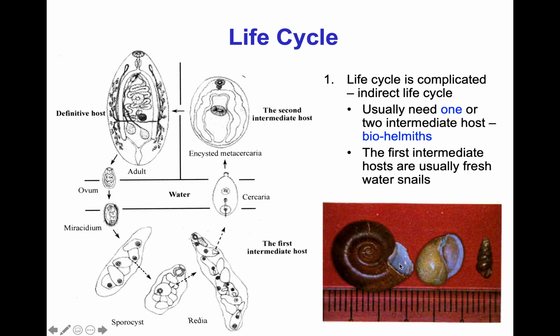Only when the second intermediate host is eaten by a human being can the parasite get inside the human or other definitive host, and then they can finally develop into the adult stage.